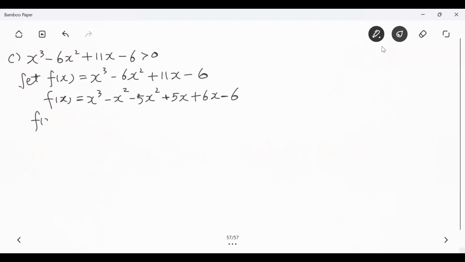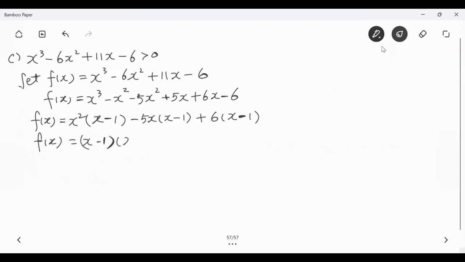So continue f(x) by grouping. Take out the x squared, leaving x minus 1, and this one take out the 5x, leaving x minus 1, and plus 6, so take 6 out, x minus 1. So we find the common factor x minus 1, and out comes x squared minus 5x plus 6.